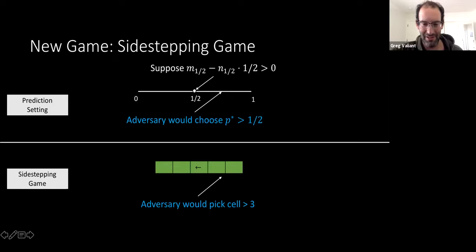And the arrows, and the selection made by the adversary, correspond to sort of naively, would the adversary want to pick a bigger bias or smaller bias, and that might help our various predictions accordingly. Is that at least at a high level clear?